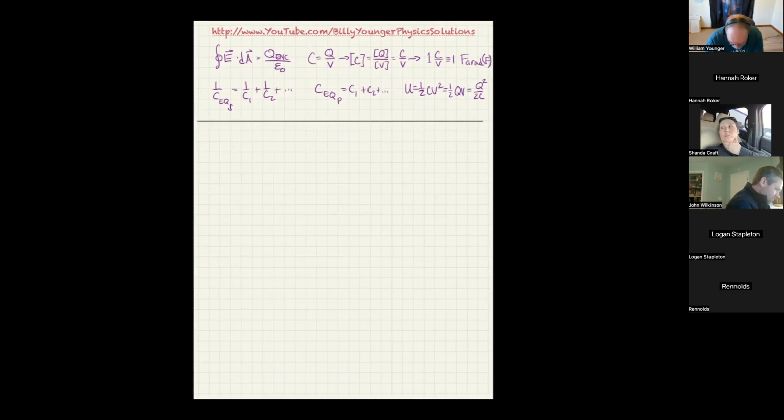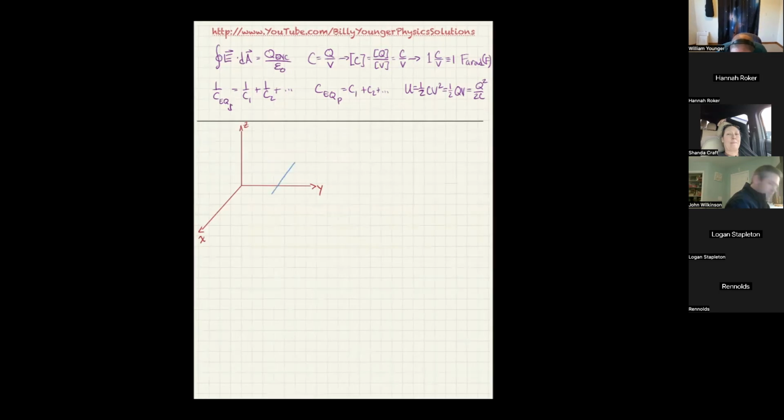Okay. So I'm going to draw a three-dimensional coordinate system. This is my x-axis, this is my y-axis, and this is my z-axis. What I would like to do is imagine a three-dimensional, actually, I don't want to go quite that far. Let's imagine a two-dimensional infinite plane.